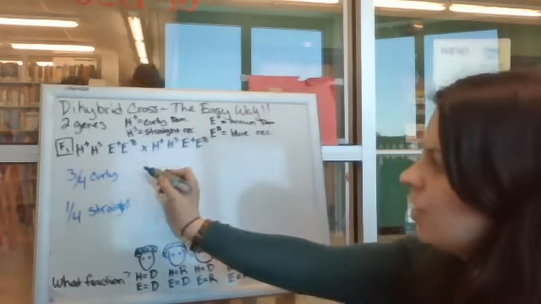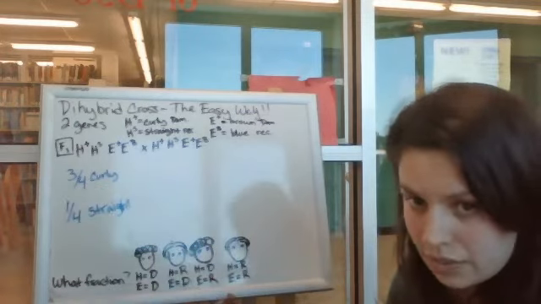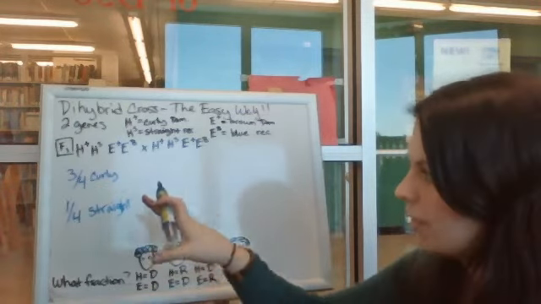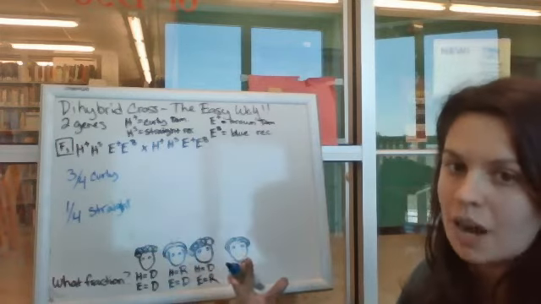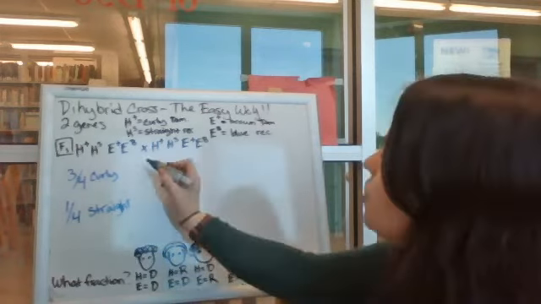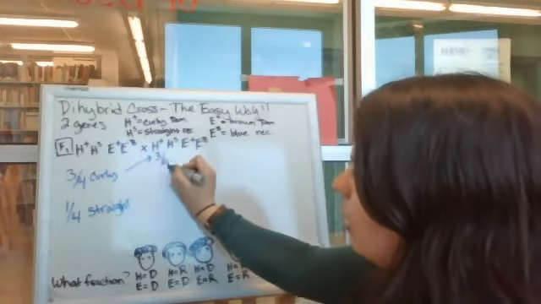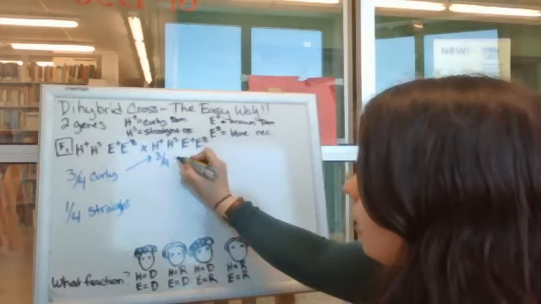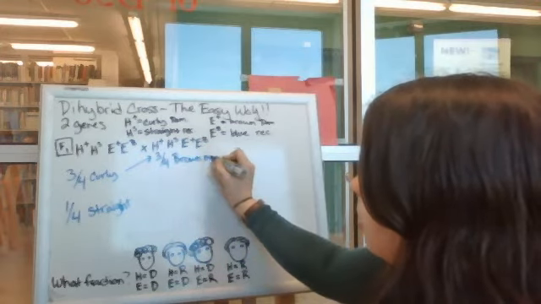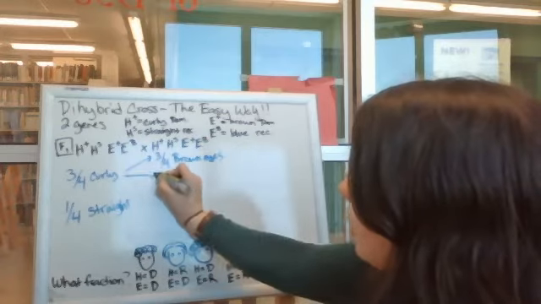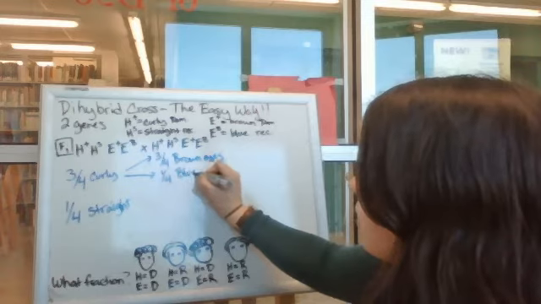Okay, so what we're going to do is we're only going to look at the curly situation, because these are independent events, right? So it's not like being dominant for one makes you more likely to be dominant for both. You have the same probability. So you will have a 3/4 probability of having brown eyes, and then a 1/4 probability of having blue eyes.